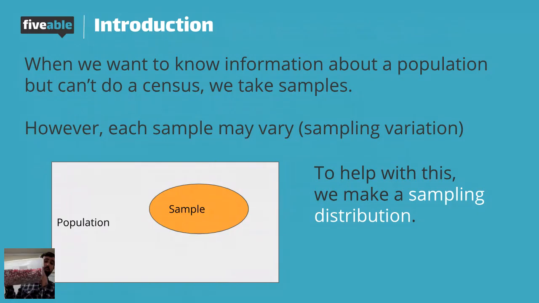So instead, we want to take samples. I grab this, I take a sample, and I count, okay, how many white BBs are there? Because sampling variation may occur, a sampling distribution will take that into account. So I'll take multiple samples to get a better idea of what the true proportion of white BBs is.